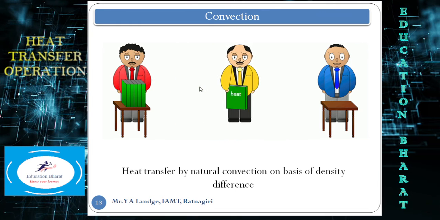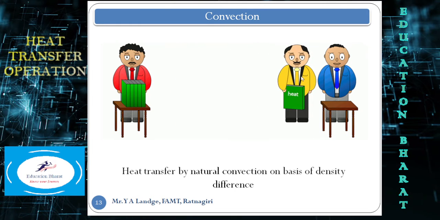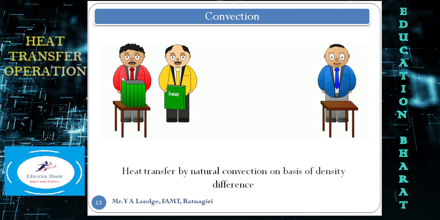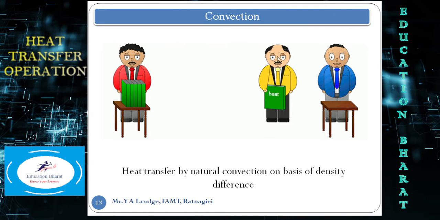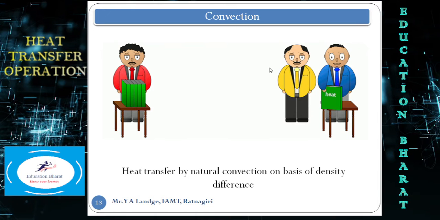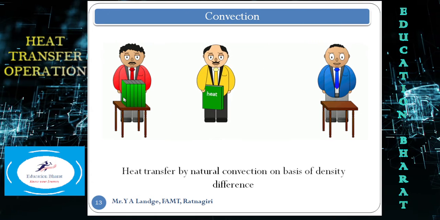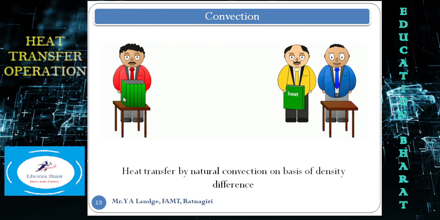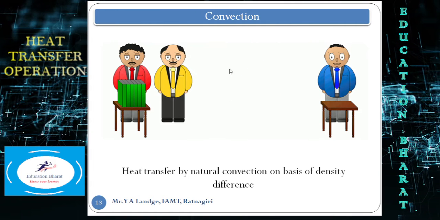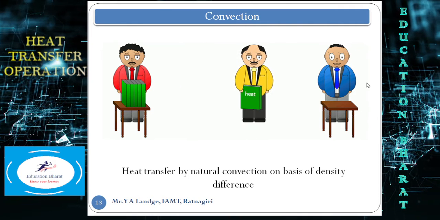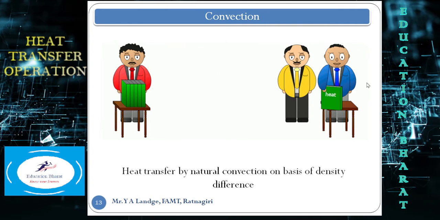So we can say the heat is transferred from the solid surface to the adjacent layer, and by the motion of the fluid it is transferred onward, and such a case we call convection.